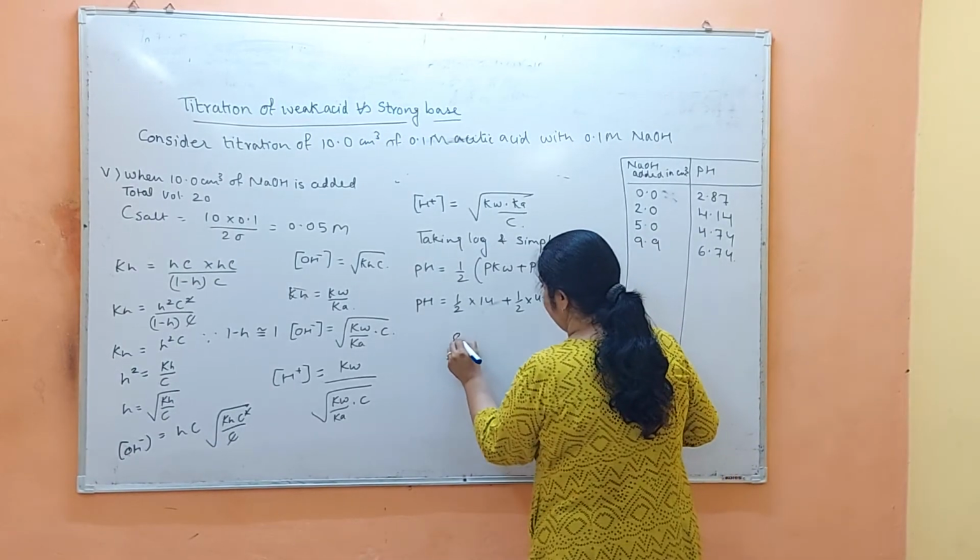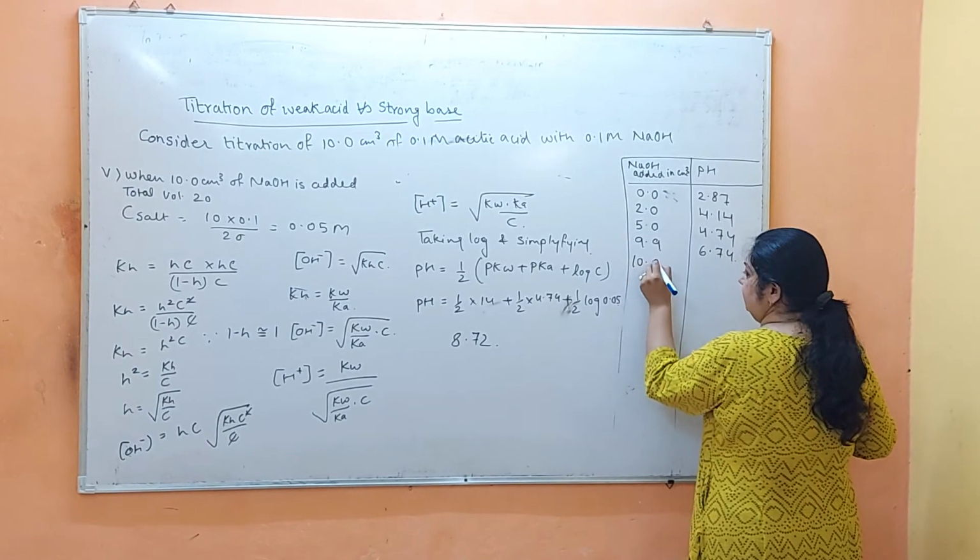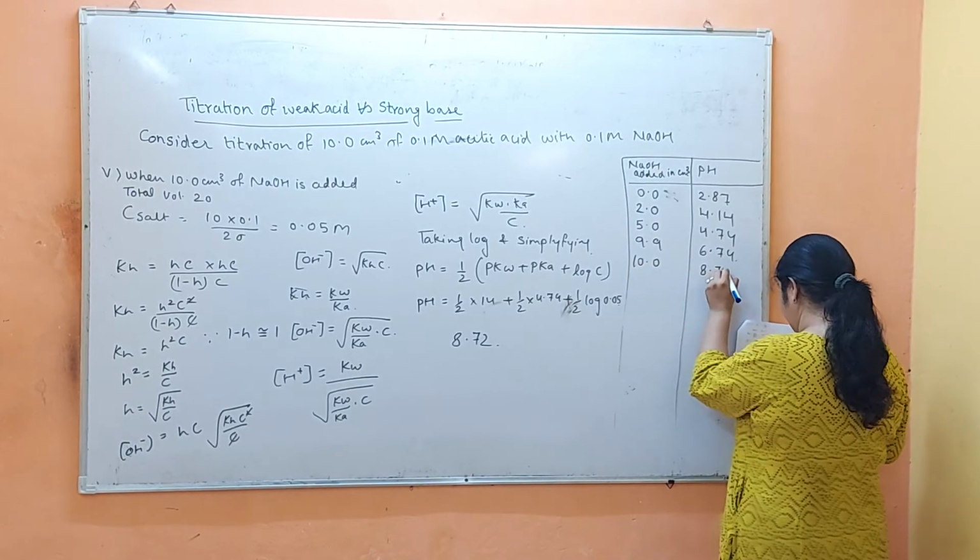So it comes out to be 8.72. So at equivalence point the pH is 8.72.